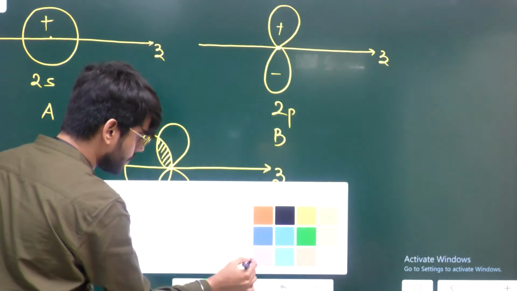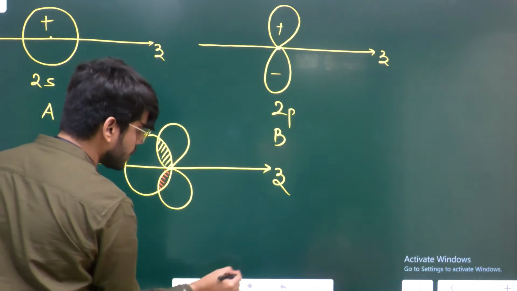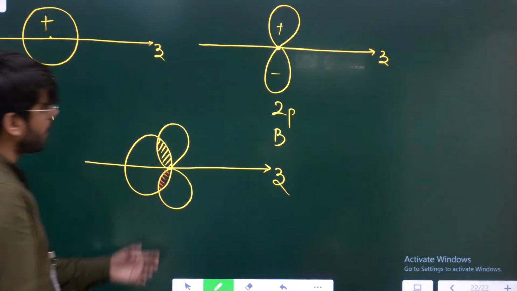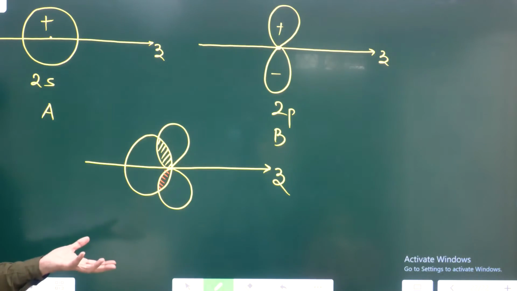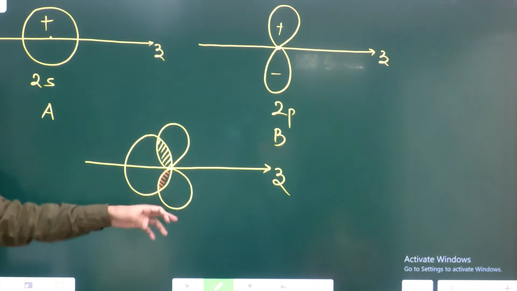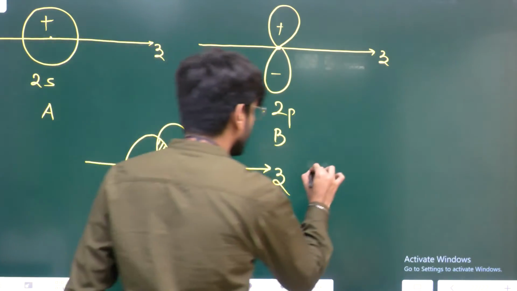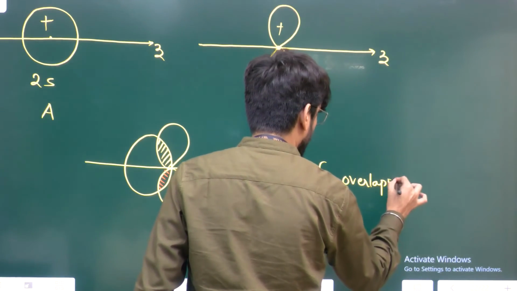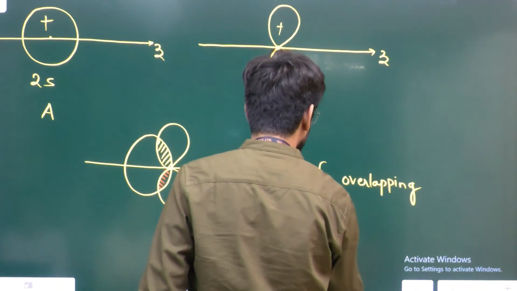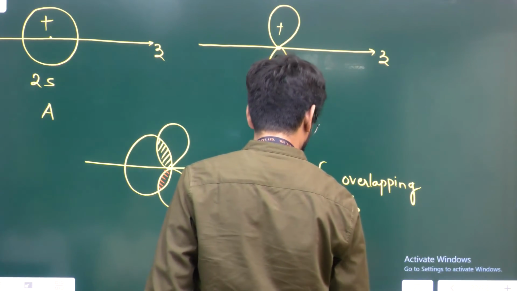Positive, negative, destructive overlap. This means whatever constructive overlapping we have, in the same amount we have the destructive overlapping. That means overall there is no overlapping.